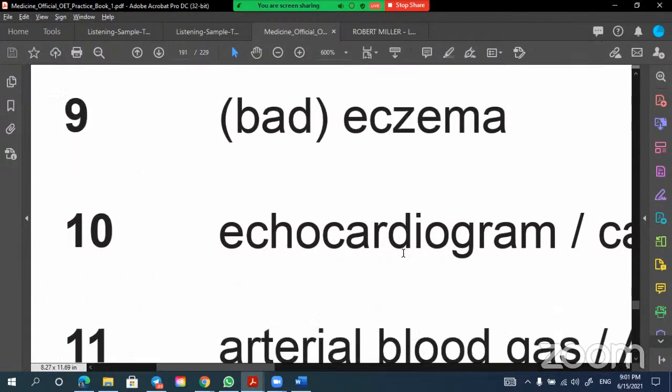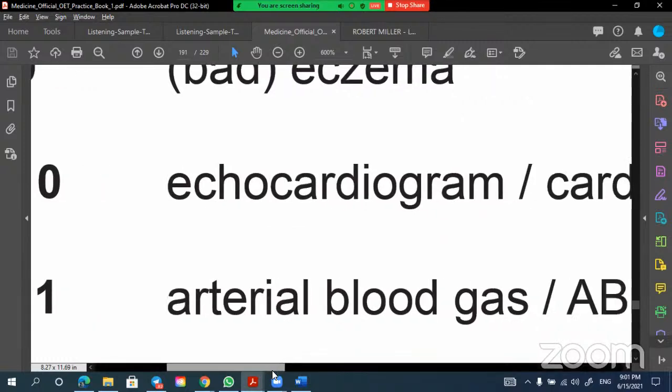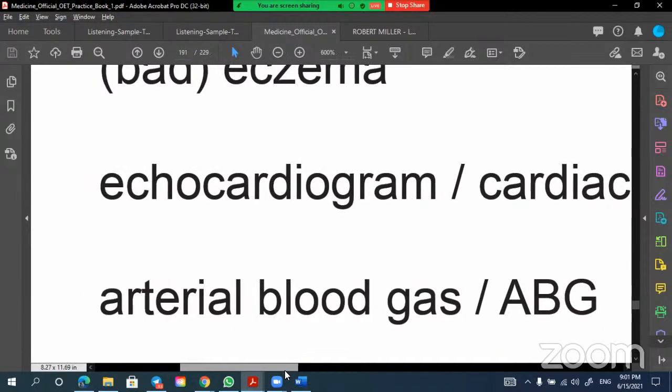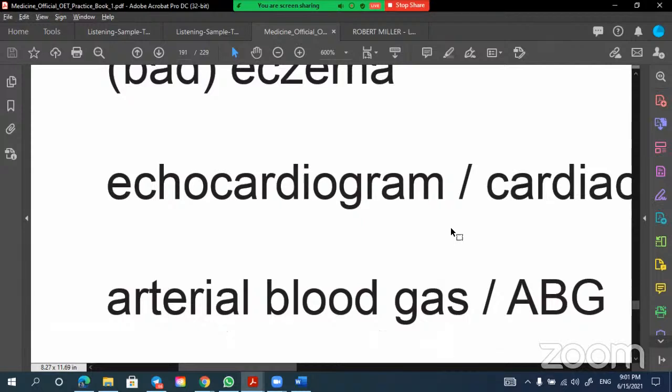That is 10. 11: arterial blood gas, ABG, or arterial blood gas. If you want to write ABG in capital letters, that is also okay.